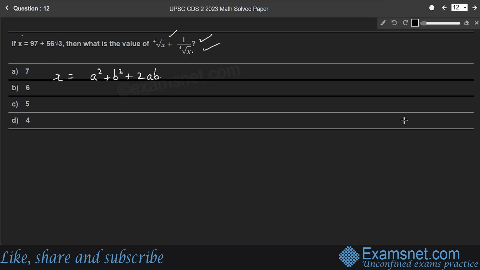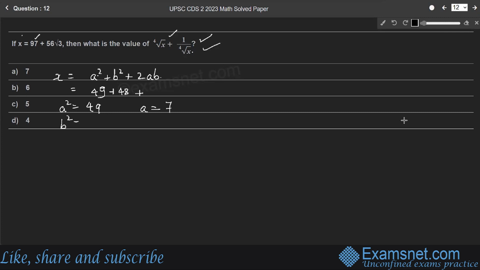So for that, we'll write 97 as square of 7, which is 49, plus one more number. In other words, I'll write a square as 49. Square of 7 is 49 plus 48. This is a square plus b square, plus 2ab. How to write 2ab? For that, we have to consider a and b. Since a square is 49, value of a becomes 7.